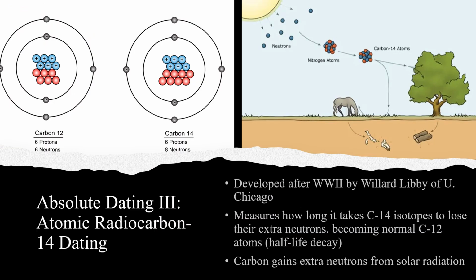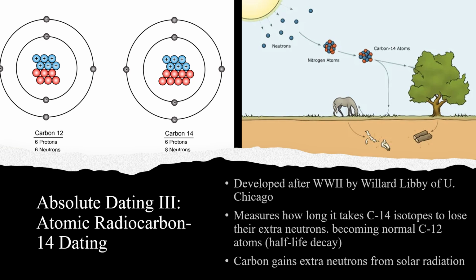The third absolute dating method we'll discuss in this course is atomic radiocarbon-14 dating. Carbon-14 dating was developed after the Second World War by Willard Libby of the University of Chicago.